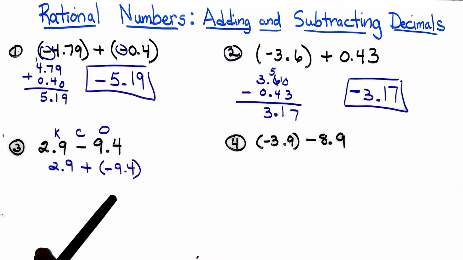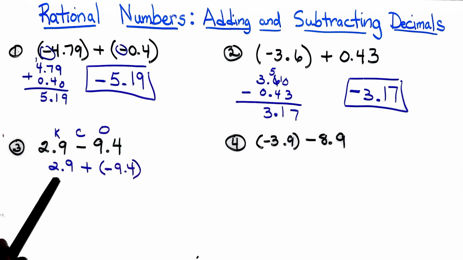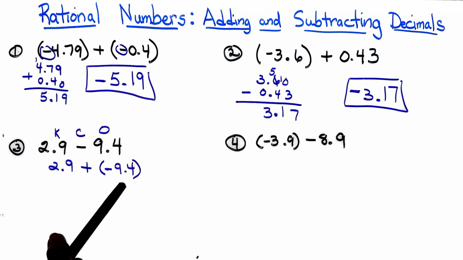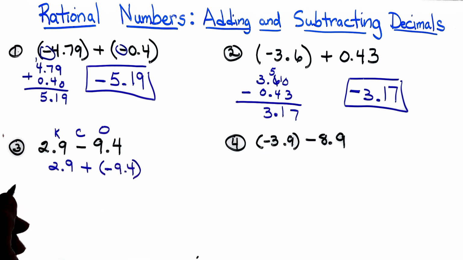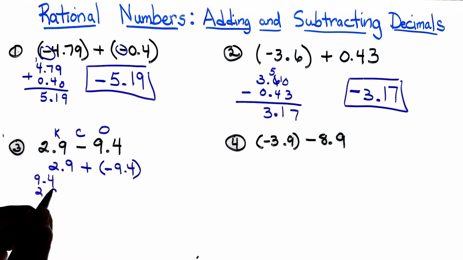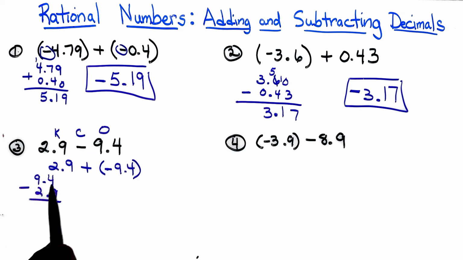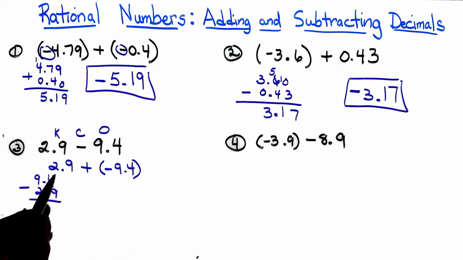So now that I have an addition problem in front of me, I see that I have two different signs. So I'm just going to put, without thinking about the signs, the larger number on the top, the smaller number on the bottom, and I am going to subtract them, again, because the signs are different. So as I do my subtraction, I see, again, I must regroup.